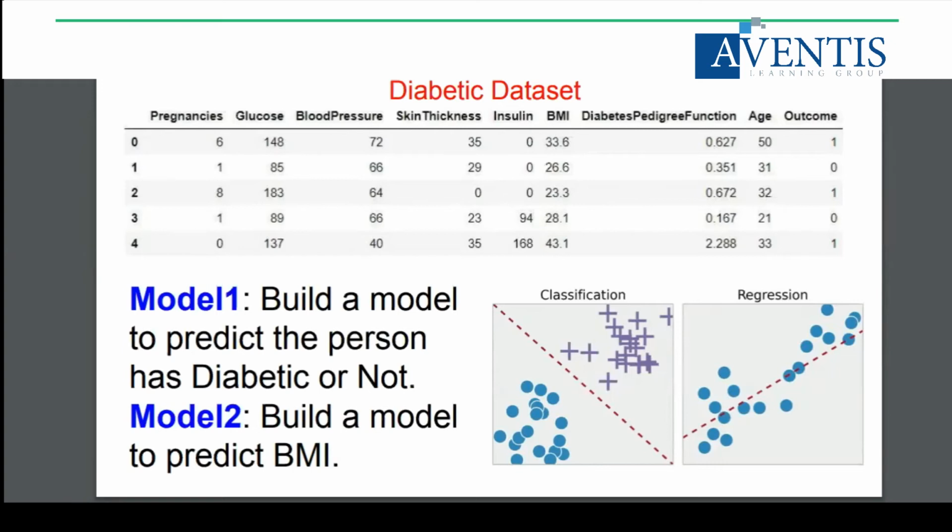If only a specific, fixed number of possibilities are there, here it's 0, 1, meaning only 2, then it's a classification. So that's how we decide what kind of machine learning model we need to build, whether it's classification or regression.